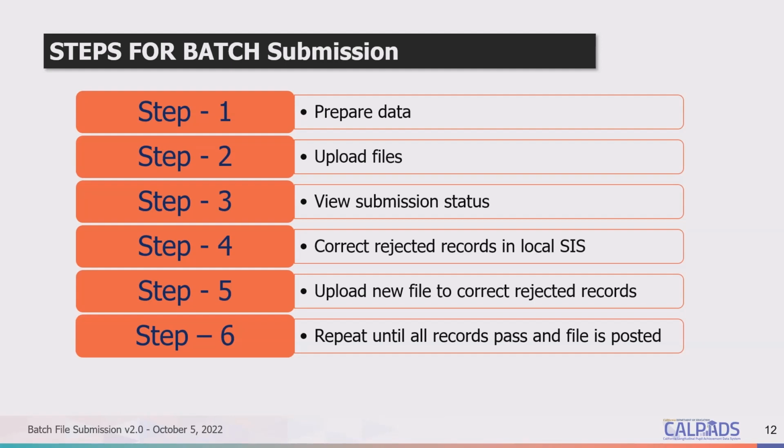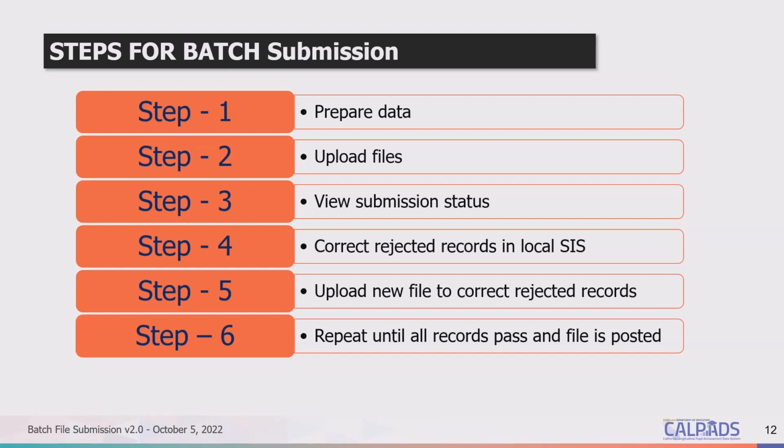Step 3, once those files have been uploaded to CALPADS or submitted, you can navigate to the View Submission Status screen to review the results of your file submission. If there are no rejected records, the file will automatically post those records. This will be considered a passed file or a passed submission.